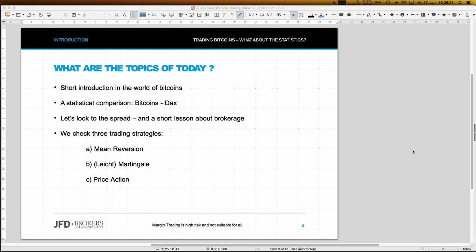And trading Bitcoins has been stopped in December. The simple reason is not that JFD has stopped trading Bitcoins. No, it has been the liquidity providers, so the real banks behind all of those trades, to which your order is always processed, that liquidity pool. That accumulation of banks decided to stop trading Bitcoins.